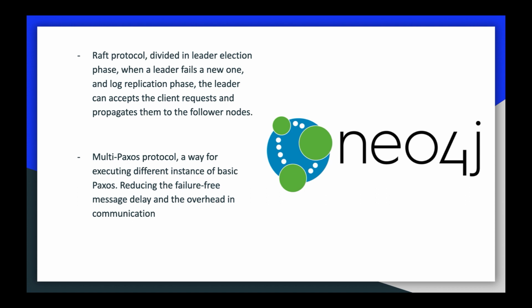The Raft protocol derives from Paxos but is simpler, and is divided into a leader election phase, so when a leader fails, a new one is elected, and the log replication phase, in which the leader accepts the client requests and propagates them to the followers. Another approach that Neo4j can use is the multi-Paxos protocol, a way of executing different instances of basic Paxos, reducing the failure-free message delay and the overhead in the communication.